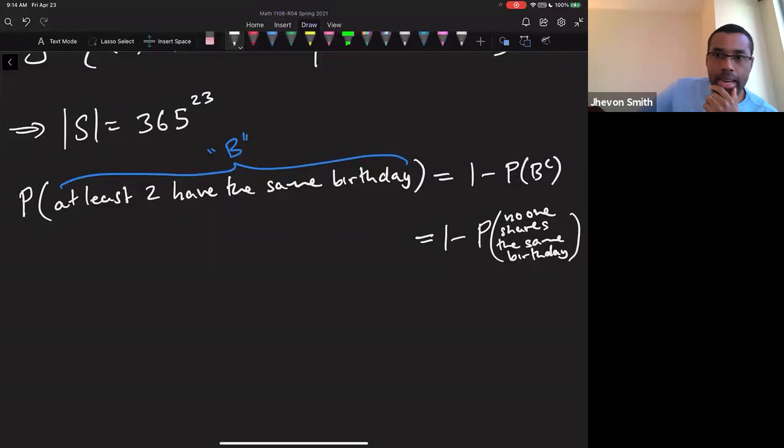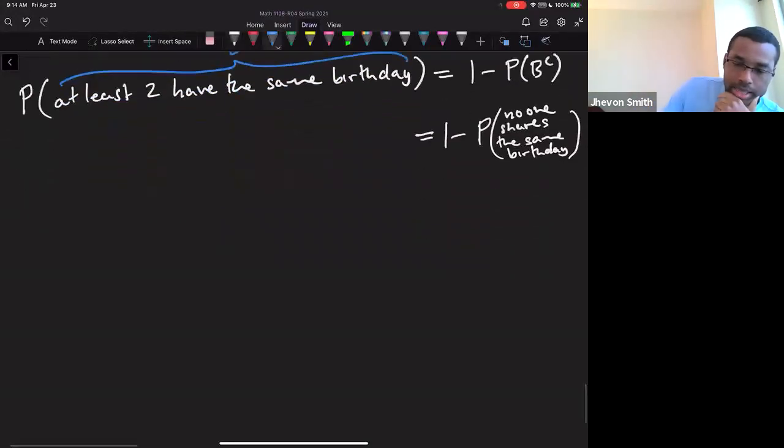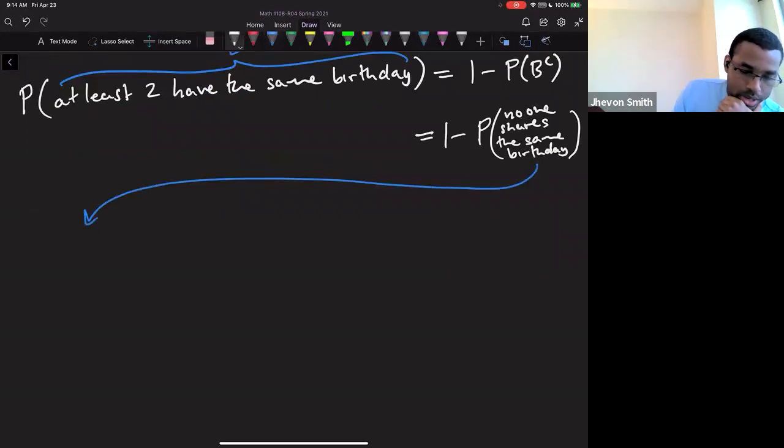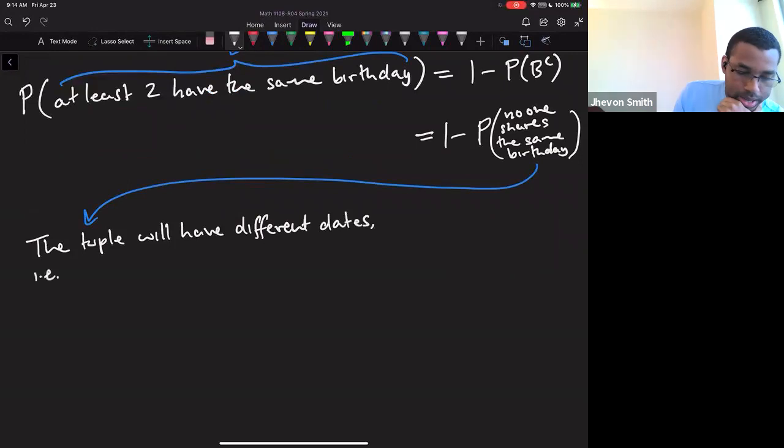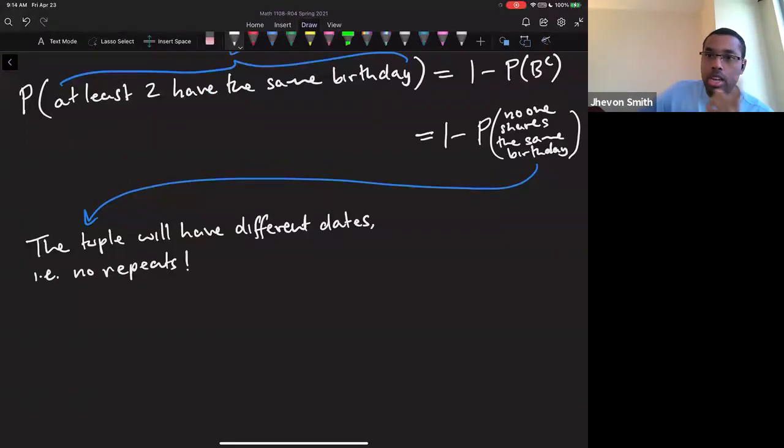Basically, what you're saying now is that this means the tuple in S will have different dates, i.e., no repeats. And we actually know how to count that. The number of tuples of a certain size that has no repeats in any of the options.